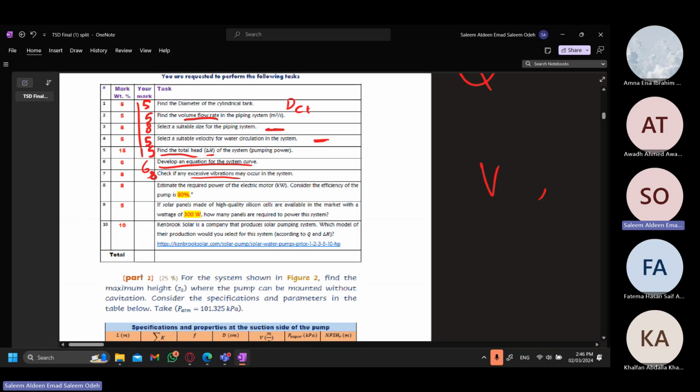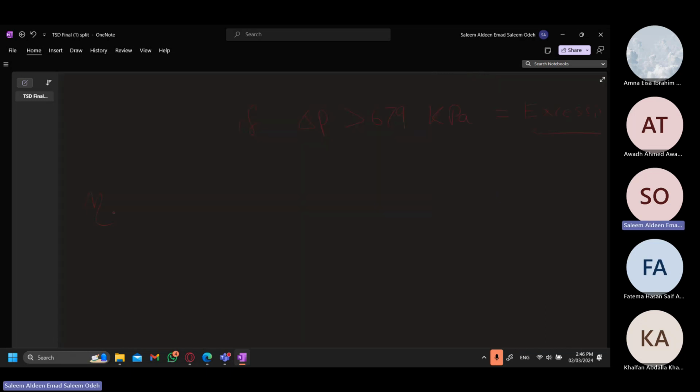So now estimate the required power of the electrical motor in kilowatts. Consider the efficiency of the pump is 80%. Now, they told us that the expected efficiency is 80%, which is 0.8. What we need to do is write down this equation.